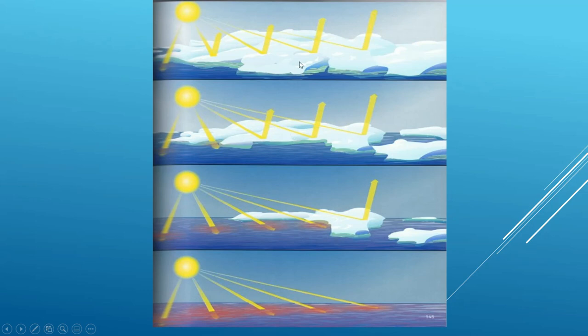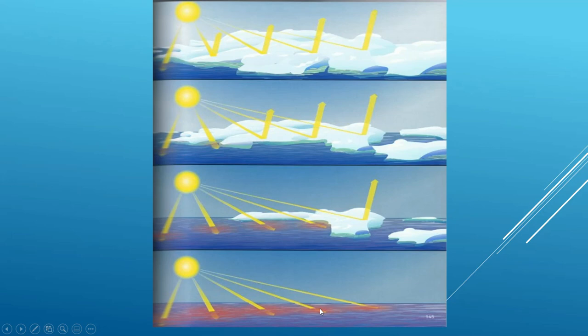So we're seeing lots of reflectance decreasing. As this is happening, more and more energy is being absorbed by the water, which warms up the water, which helps melt the ice and helps increase the rate of melting to the point that all the ice gets melted, and now all that solar energy is being absorbed.